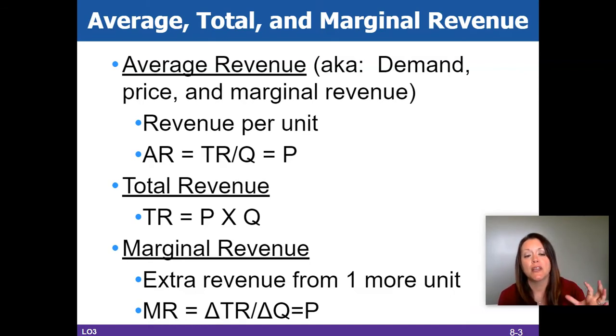You can find it by looking at your change in total revenue divided by the change in quantity. Now, we're going to be looking at increments of change of 1. So your change in total revenue is going to be your numerator, and 1 will always be your denominator, just like in the last chapter. So another way to look at marginal revenue is that it's just the price. Every time you sell one more, if the price is fixed at $20, you're making $20 more. That's your marginal revenue.